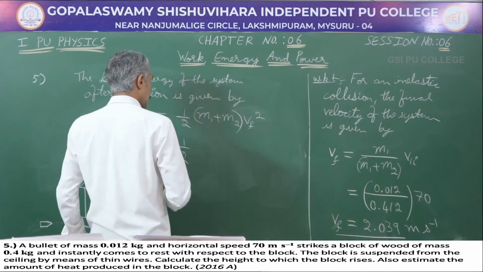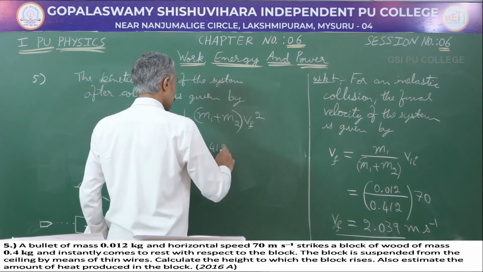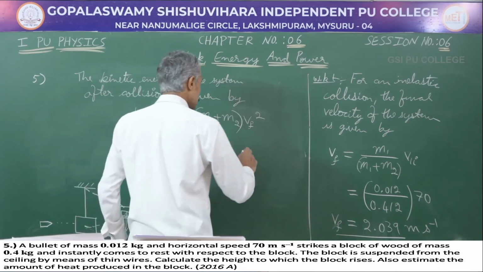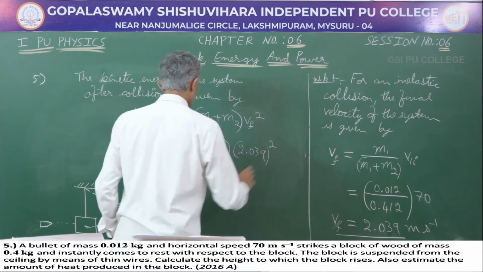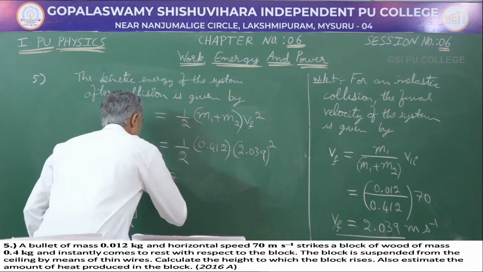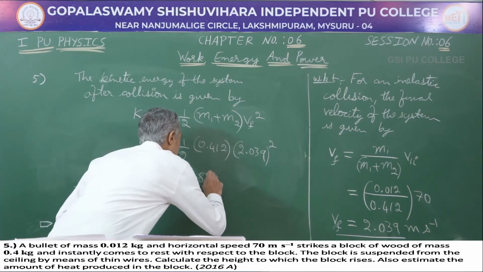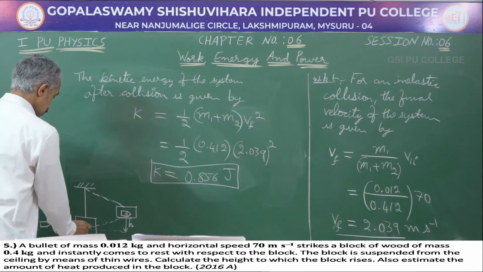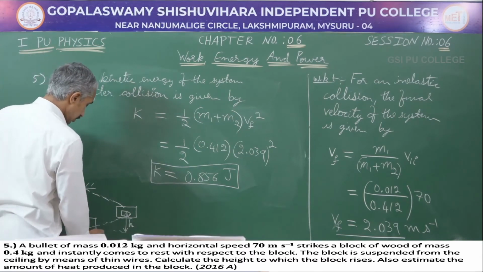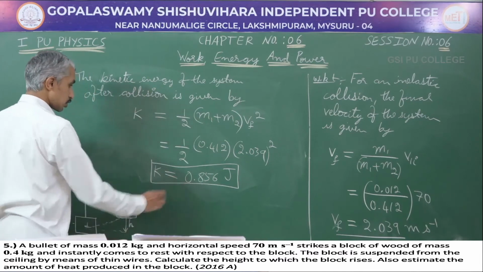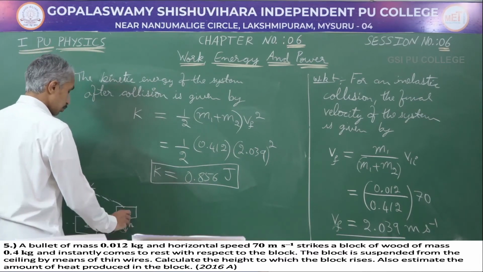So this is going to be half into m1 plus m2, which is 0.412, and Vf is 2.039 whole square. On simplifying this, I am getting the answer as 0.856 joules. So when the bullet has hit the block, initially it was travelling with a kinetic energy of 0.856 joules. The same kinetic energy is now converted into potential energy.